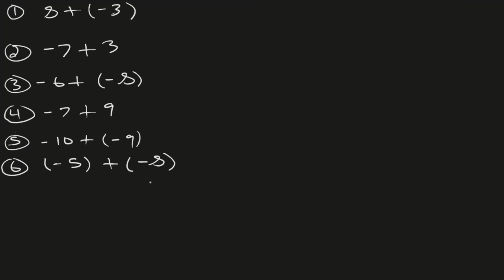Negative 8. Now you might be asking why sometimes you use parentheses around the negative number, and sometimes you do not use parentheses. Well, you can do both, okay? I want to present to you different examples that you'll probably see on the test.